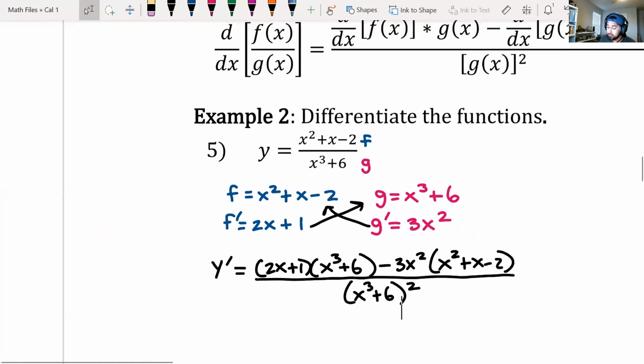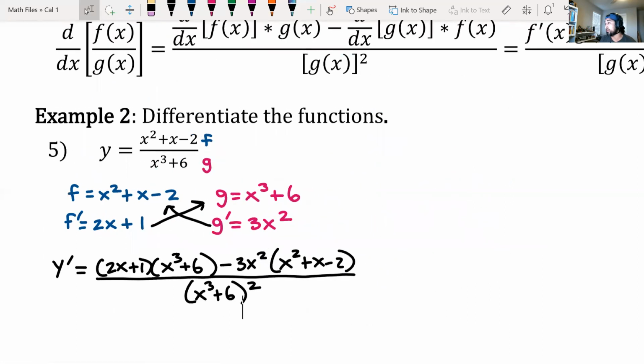And that original denominator is always squared. That's just how the formula has it.